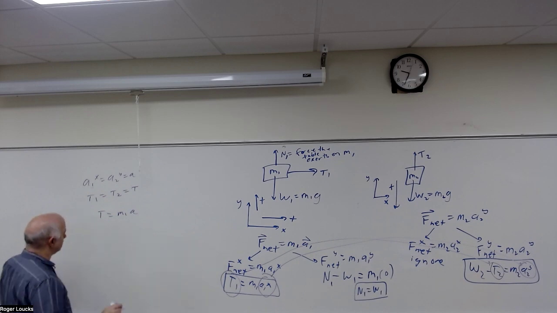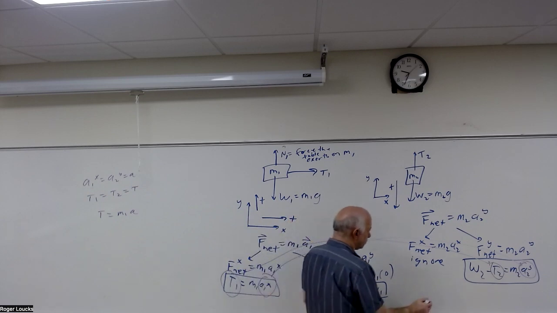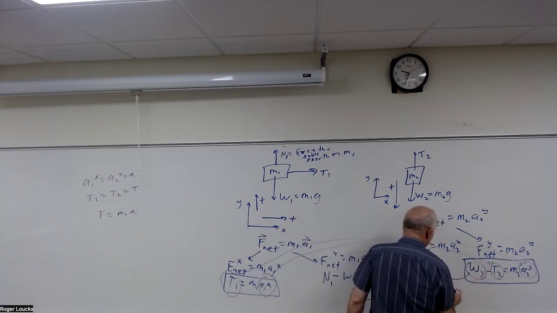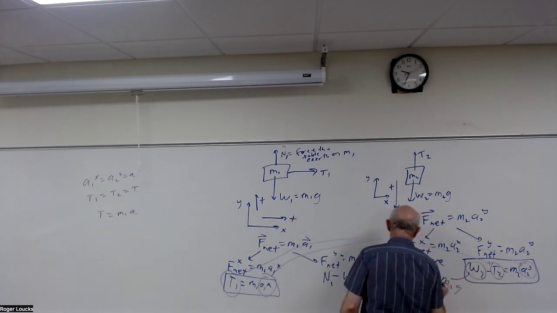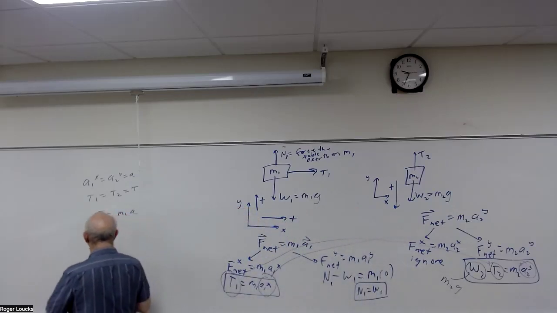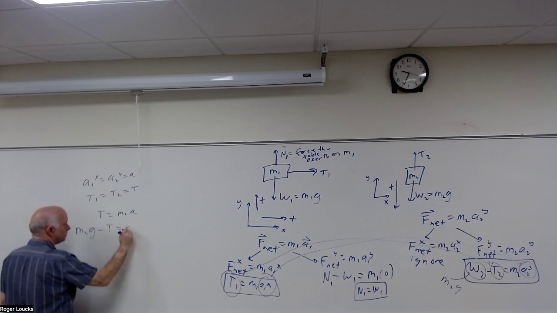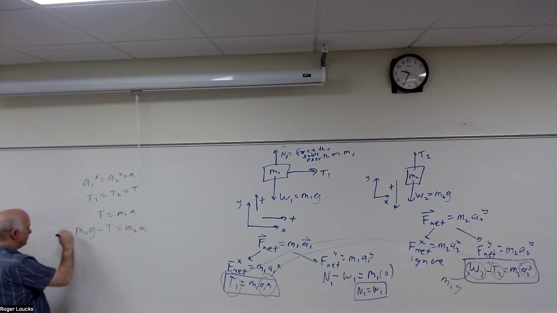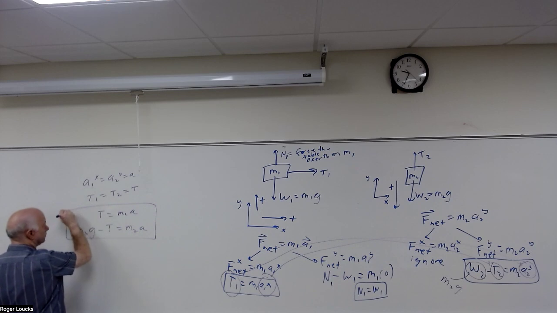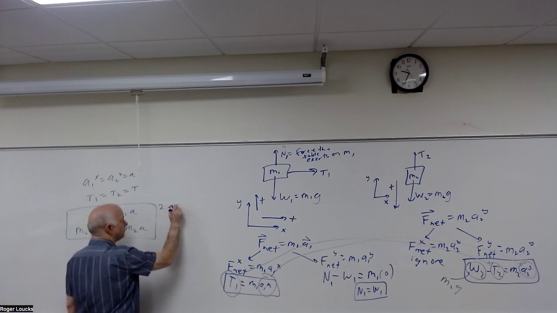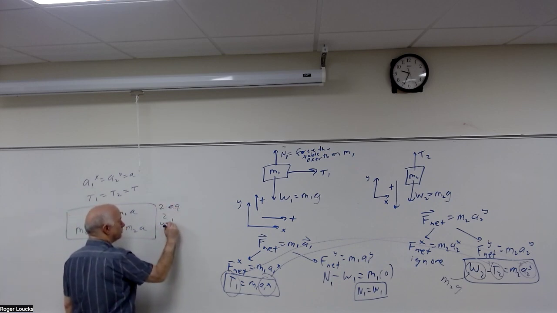My other one is then going to be W2. I'm going to write this W2 as M2G, so M2G minus T equals M2A. These are the equations. 2 equations, 2 unknowns.